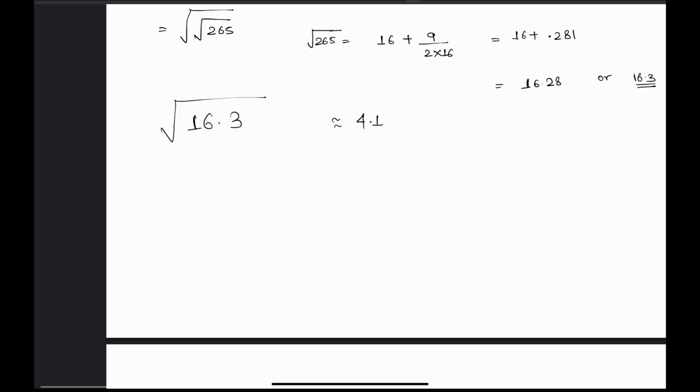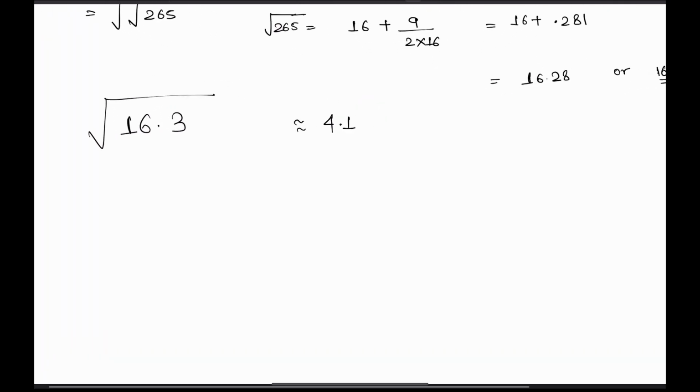But if you want to solve it, let's see that approach also. It's near to 4 plus (16.3 minus 16), which is nothing but 0.3 upon 2 into 4.